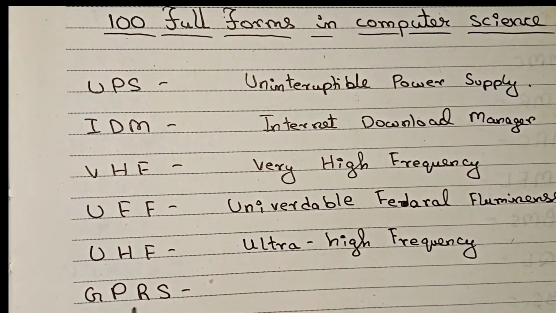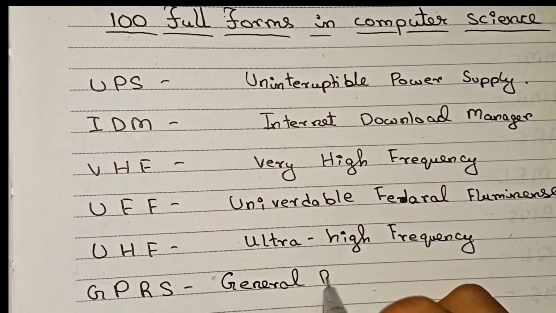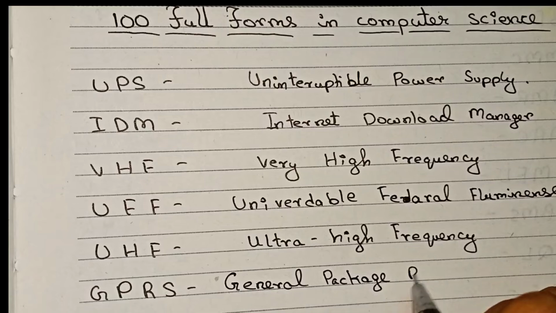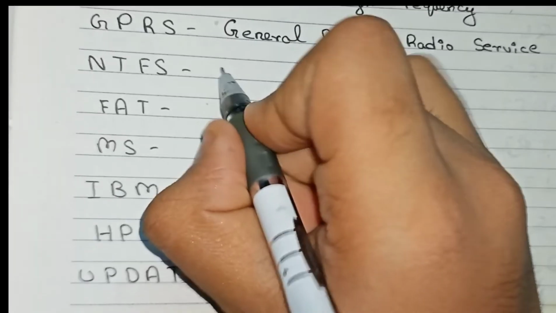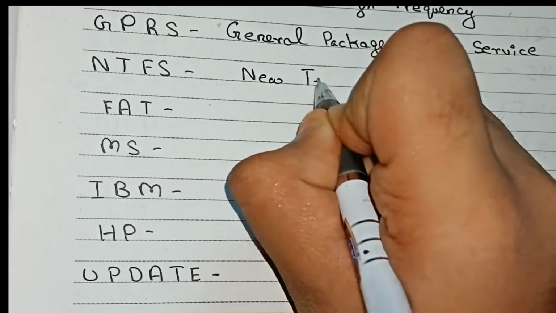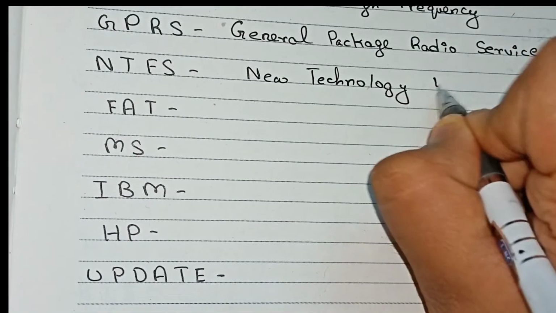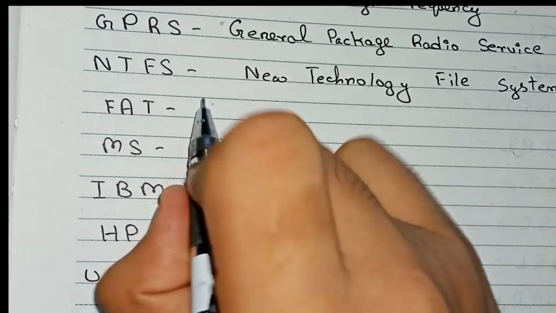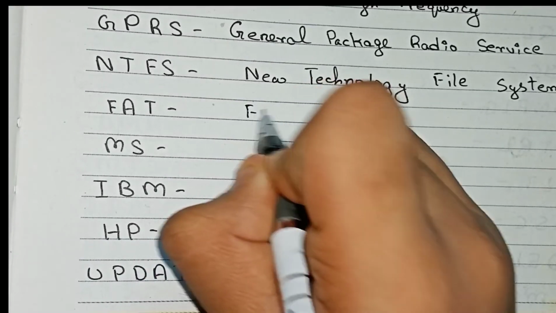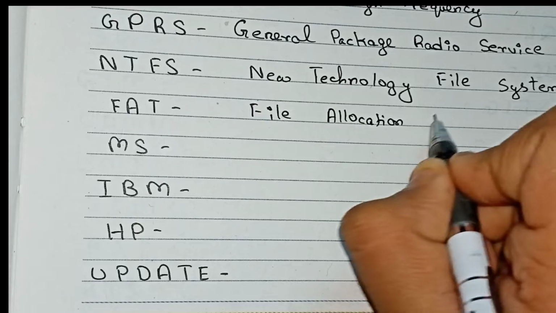Our next is GPRS, that is General Packet Radio Service. Next is NTFS, that is New Technology File System. Next is FAT, that is File Allocation Table.